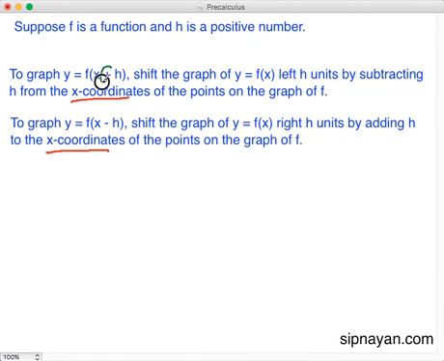Pag meron kang plus, papunta siya sa left. Pag meron kang minus, papunta siya sa right, no? Medyo kakaiba siya, medyo hindi siya very intuitive kasi usually pag plus, di ba, nasa kanan. But here, pag plus ka, papunta ka ng kaliwa, horizontally. At pag nag-minus ka, papunta ka ng kanan, horizontally.